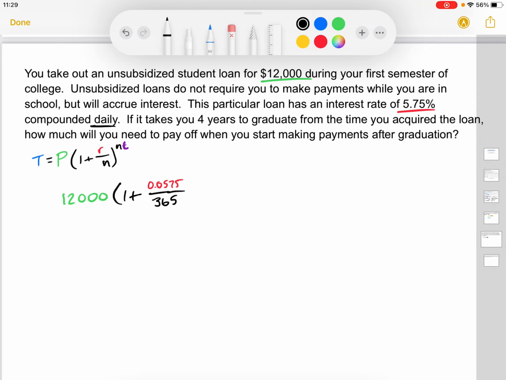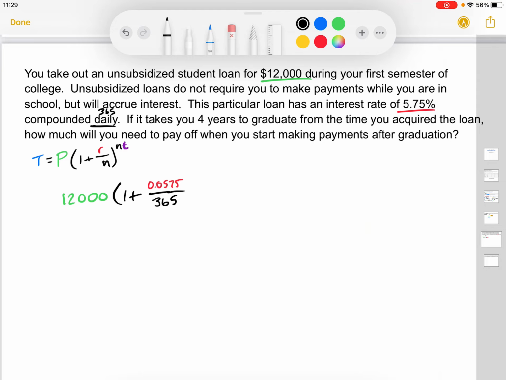Just for simplicity's sake, we're going to say this is 365 days a year. We're not going to say that this is 365 and a quarter days a year to factor in leap years. If it's daily, I'm going to say that you should just be using 365.